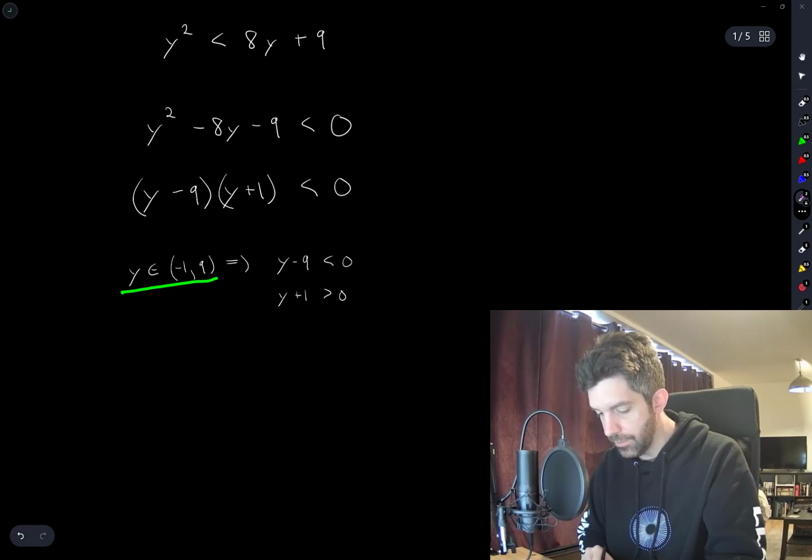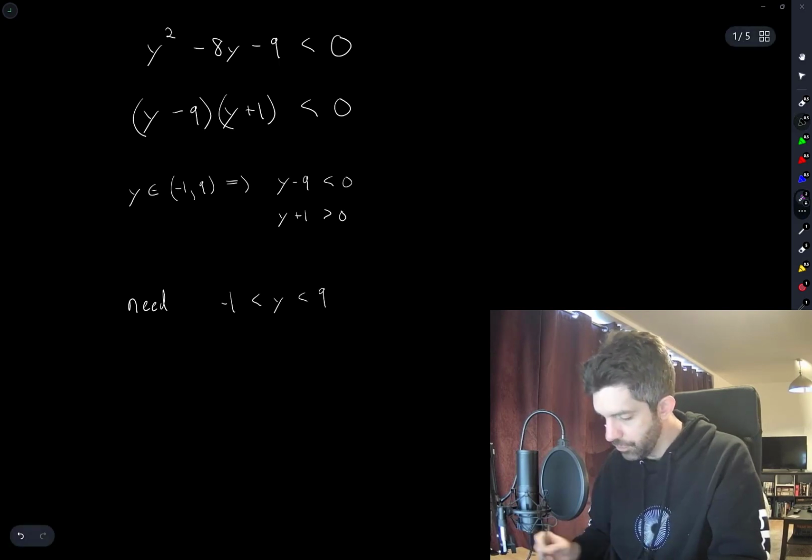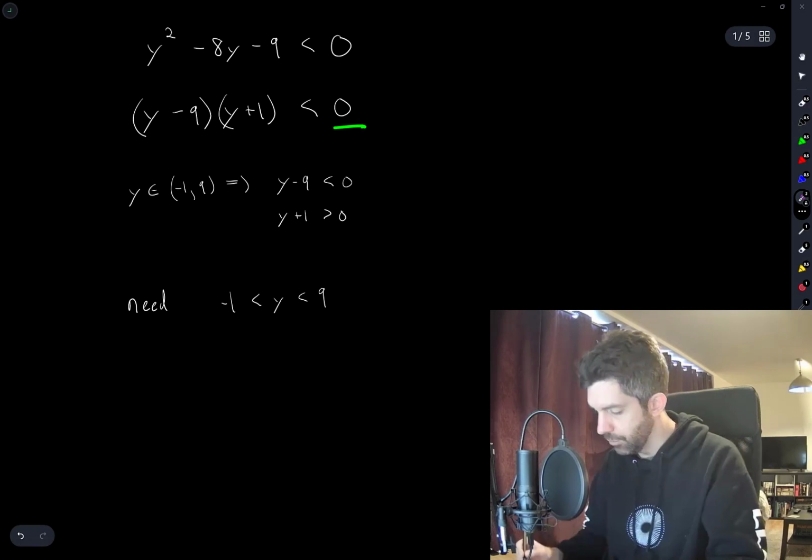If y is outside this interval, like if y is greater than 9, this is still true, but that becomes positive. And if y is less than -1, then that's still negative, but this one will also become negative. So we need this to be true in order for that to be true.